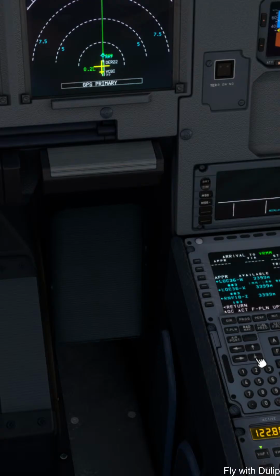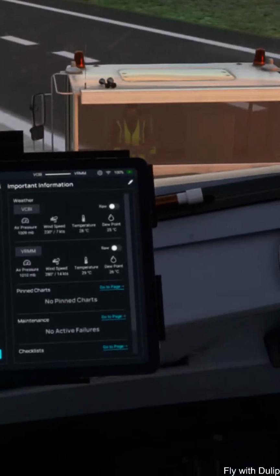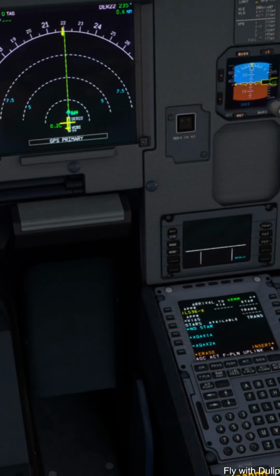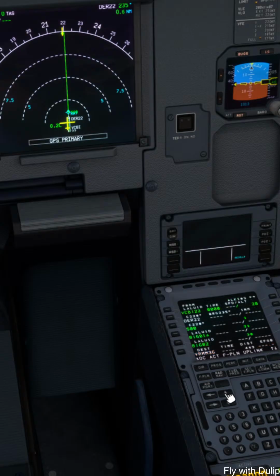In that case, I will take Yankee 36, that means X. And when it comes to transition, we have HOKEY. We can just check whether, okay, we have the transition HOKEY 1 alpha. So we are clicking that. Okay, right now we have configured almost most part of the flight plan for the departure.